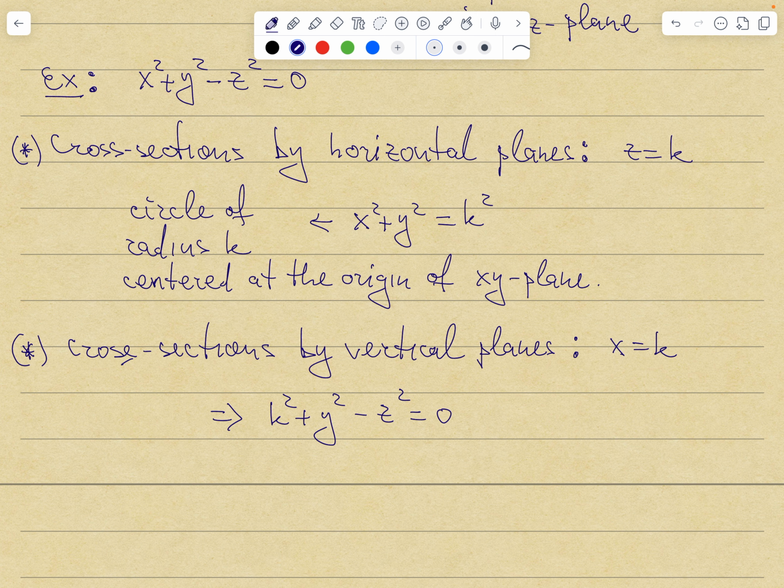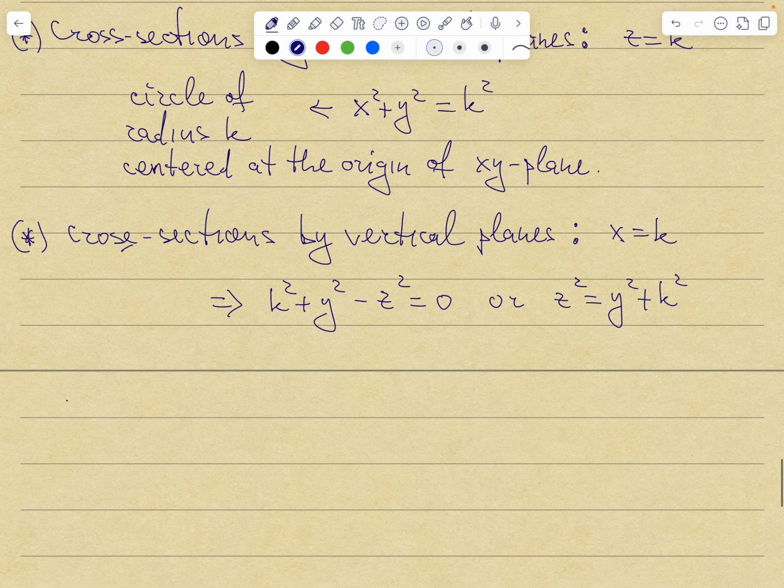That is the same thing as saying z squared is equal to y squared plus k squared. And then solving for z, this will give me z equal to plus or minus the square root of y squared plus k squared.